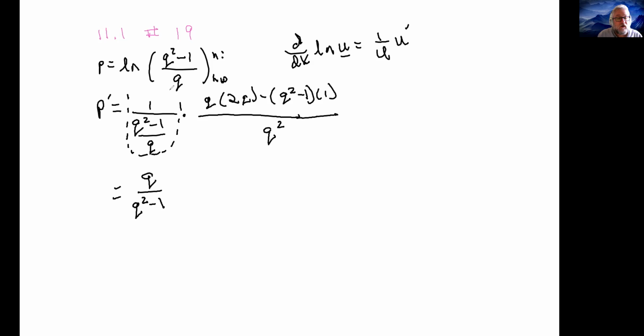So I'll multiply this one by Q over Q and this one by Q squared minus 1 over Q squared minus 1. So that's going to give us a 2Q squared here.